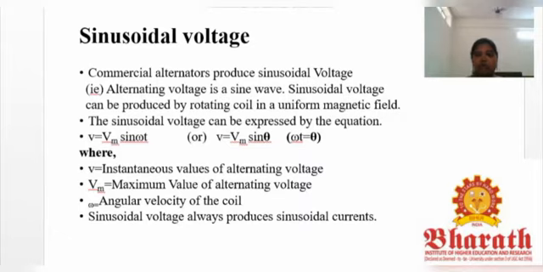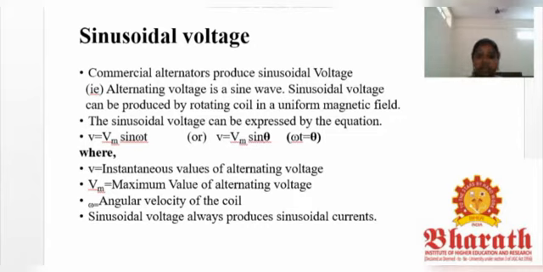Now we express the sinusoidal voltage with the equation v = Vm sin ωt. Small v is equal to capital V with suffix m, Vm, sin of ωt. Here small v is the instantaneous value of an alternating voltage. Why do we call it an instantaneous value?